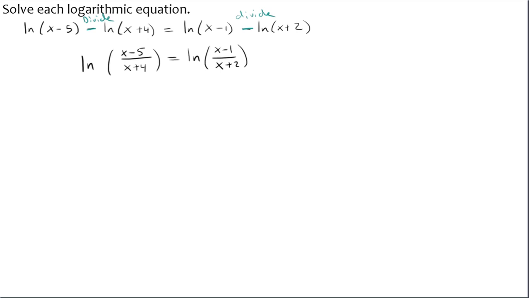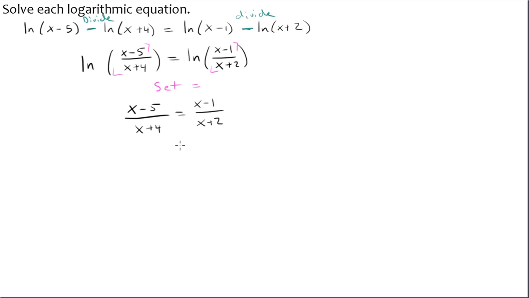I can simply take the arguments of the two logs and set them equal to each other. Or if you prefer, we can think of it as turning both into exponents base e. Either way, we'll end up with x minus 5 divided by x plus 4 is equal to x minus 1 divided by x plus 2.